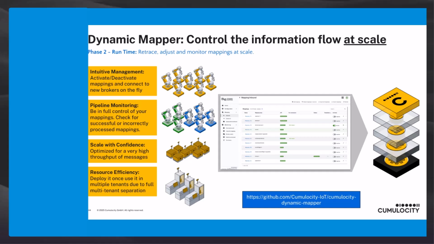You don't have to have an instance running in each tenant, but you can share the resources. As I said, this is all open source currently. You can access it on our GitHub account, GitHub Cumulocity IoT, and there we have the Cumulocity Dynamic Mapper.